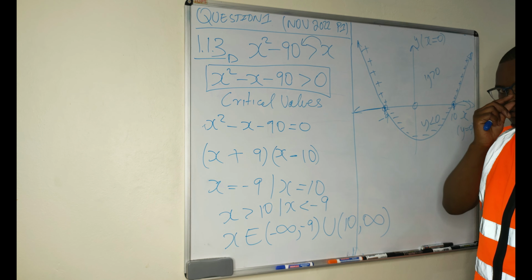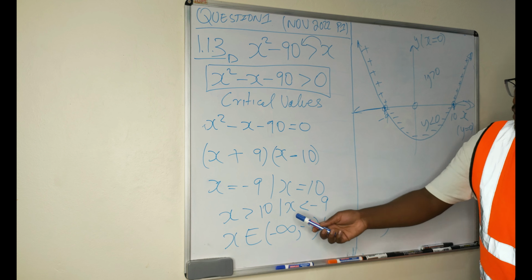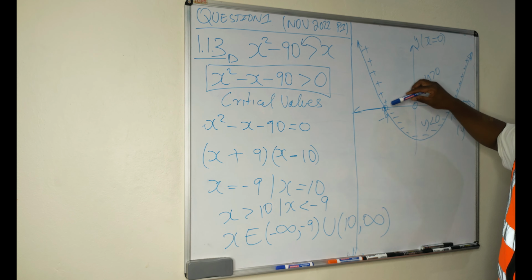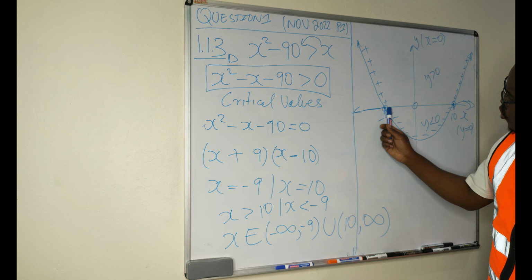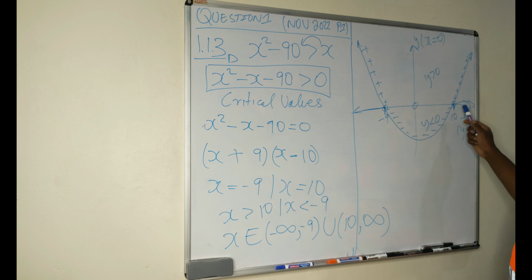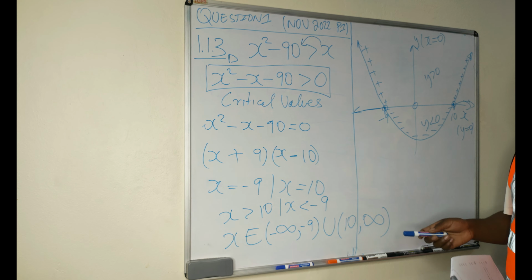But you don't have to write this. Because our function is greater than 0 here, the corresponding x values are these ones, less than minus 9, and here the corresponding x values are greater than 10. That's how you do this one. Then you move to the next question.